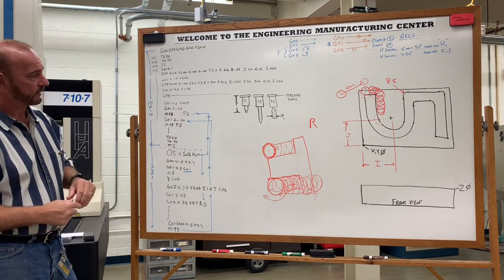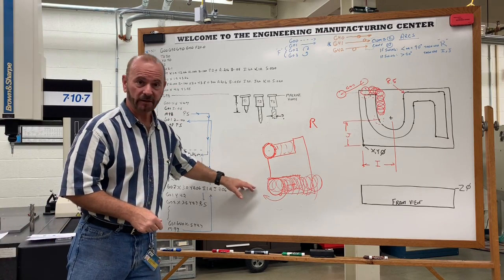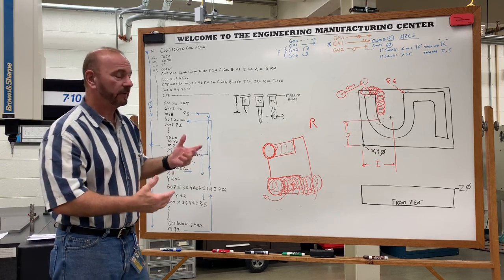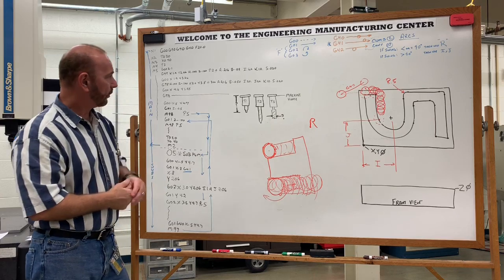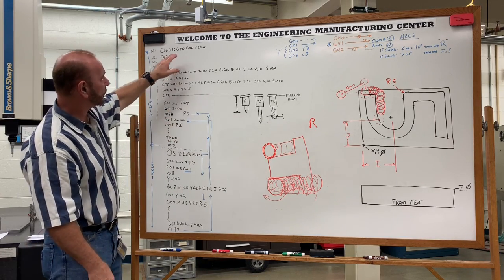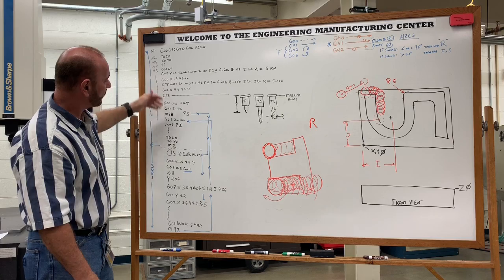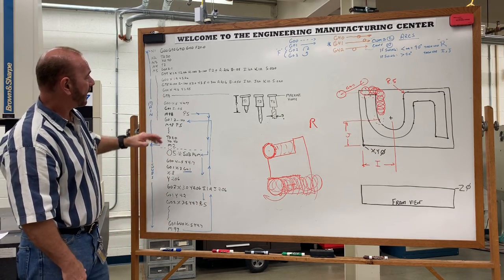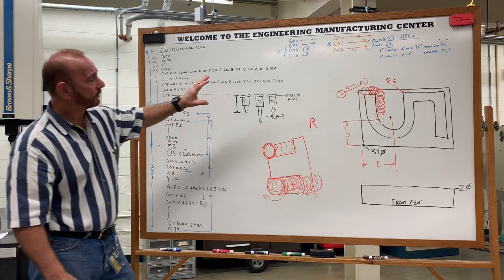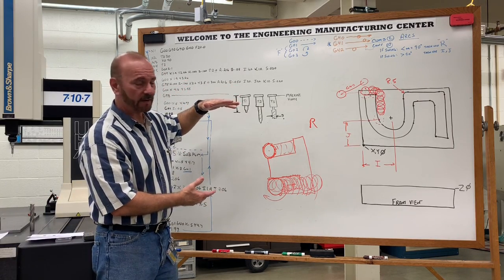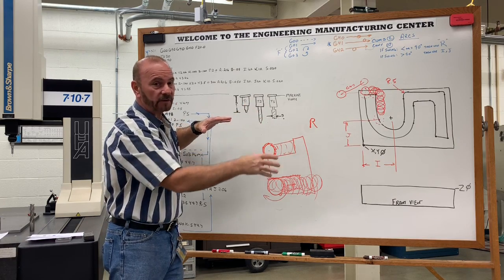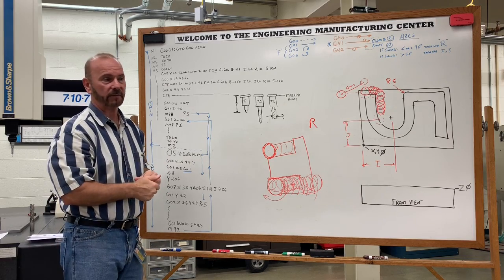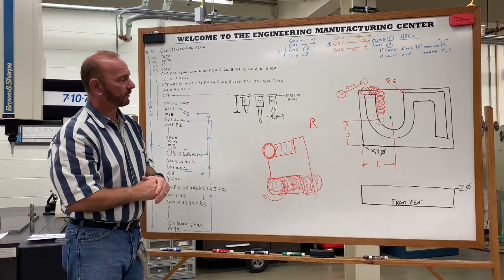Rules about cutter compensation, the difference between cutter left and cutter right, how we determine cutter left or cutter right, what is the bad scenario that can happen, what are tool offsets, what is that initialization line, whether we need end block numbers or not, why do we have subprograms and what are they, what do they do for us. And then the general format of coding, you'll have a list of codes on your exam that you have to find the definitions for and write the definition and the proper code to match it to the proper definition. So these are things that I wanted to cover for you.